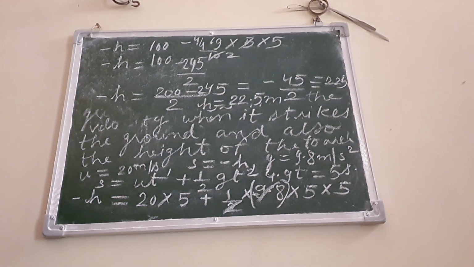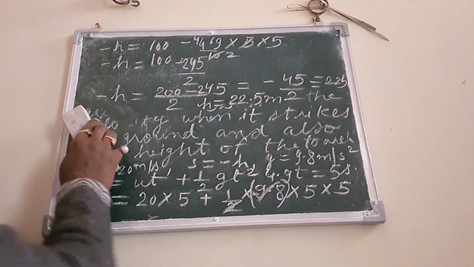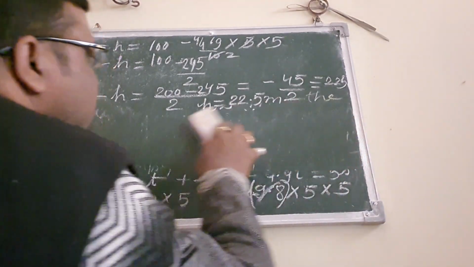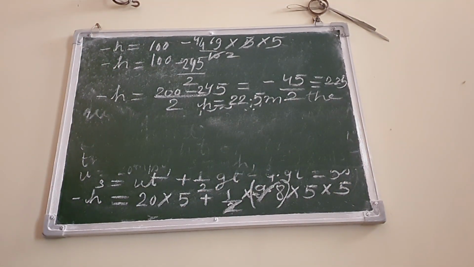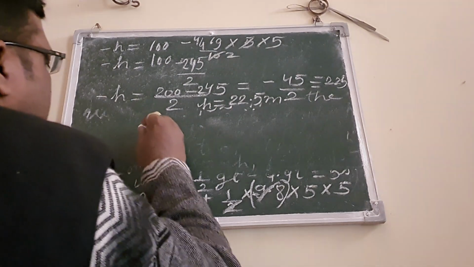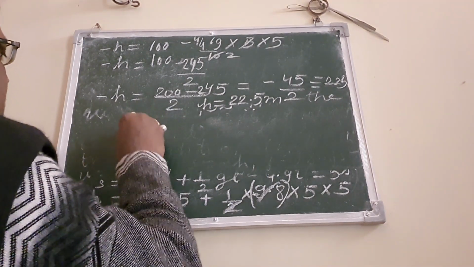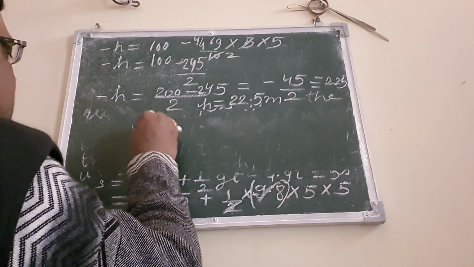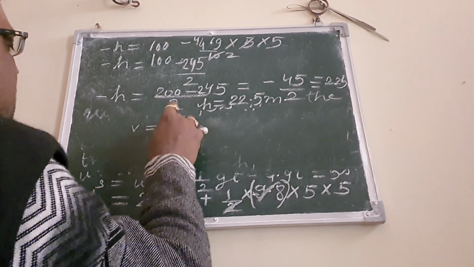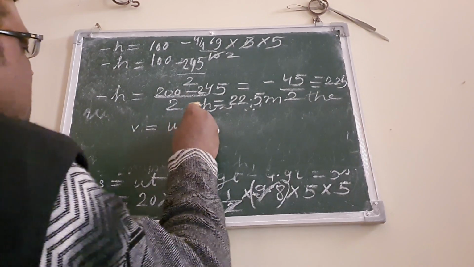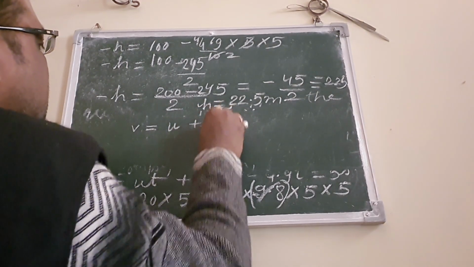Now we are approaching the second part of this question. The second part is the final velocity that is being achieved by the ball when it strikes the ground. So the final velocity v is equal to u plus gt.